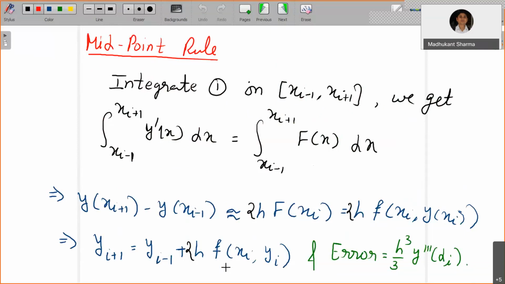Now we are going to use the midpoints. The nodal points are x0 less than x1 less than x2 less than x3 and so on, up to xn minus 2 less than xn minus 1 less than xn.